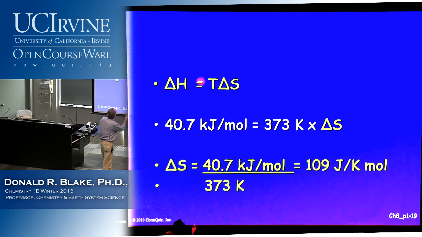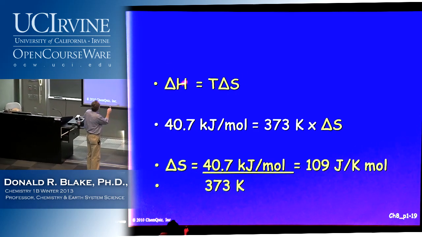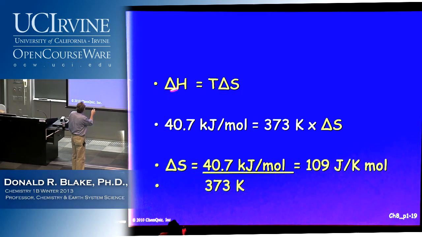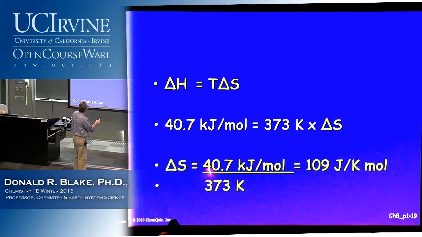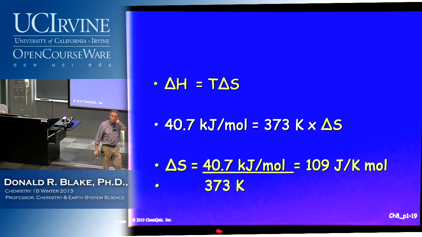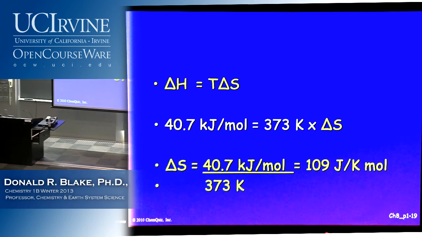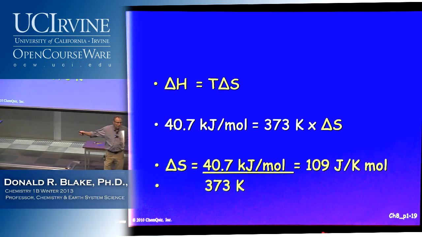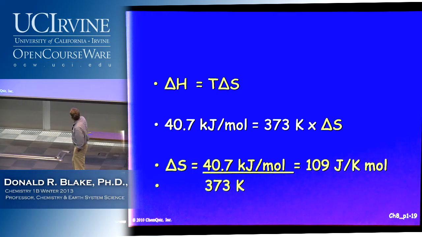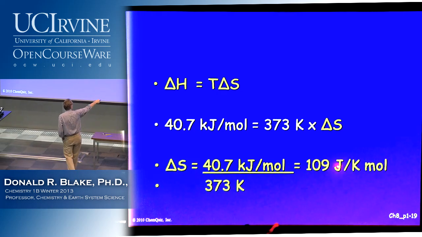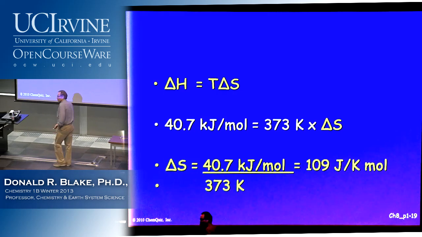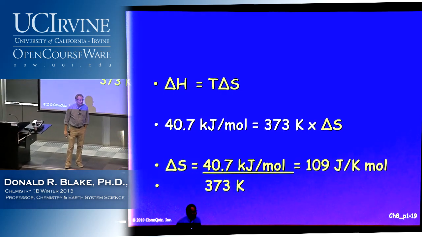So delta S is equal to this over this. Delta H over T is this over T, 109 joules per degree mole. That's what delta S is equal to. And if we're talking about moles, because that's the standard conditions, then delta S is equal to 109 joules per degree mole.